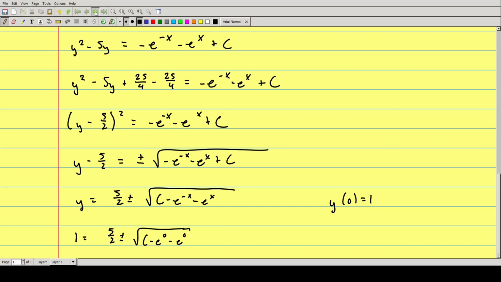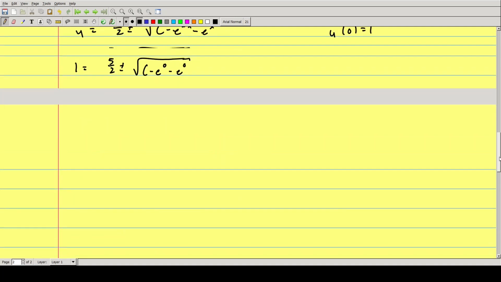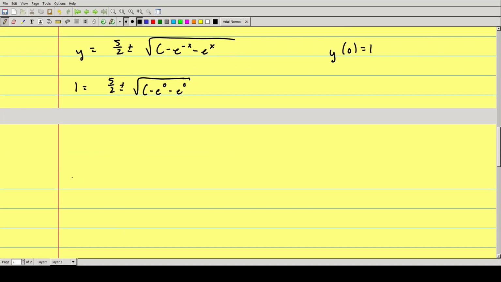I'm out of room on the page, so let's grab another page. We can move the 5 halves over to the other side. We have our plus or minus here. This is c minus 2. So this is negative 3 halves. We know that we're going to have to take the negative root. We have c minus 2.